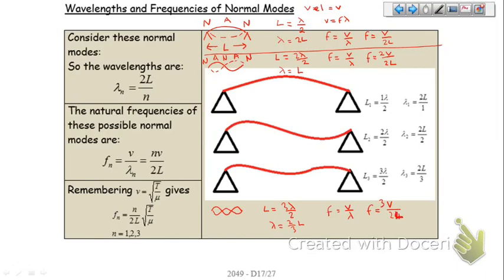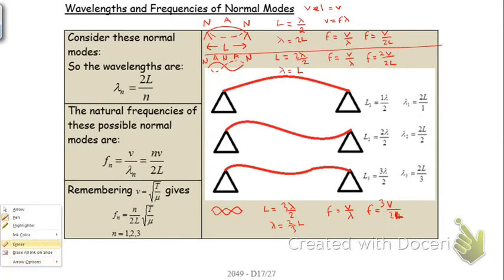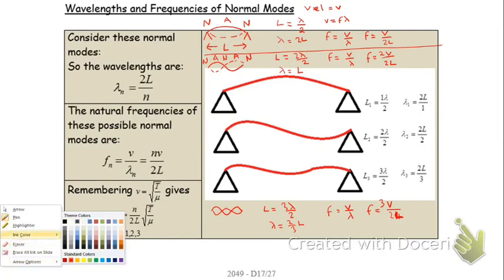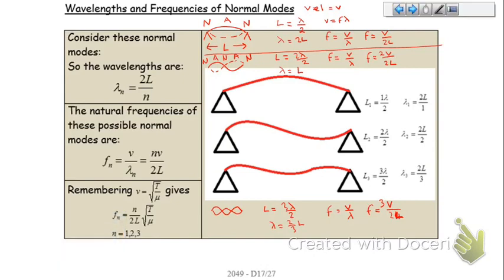Can you see? Let me change colour pens to block this out for you. There's v over 2L, there's v over 2L, there's v over 2L.